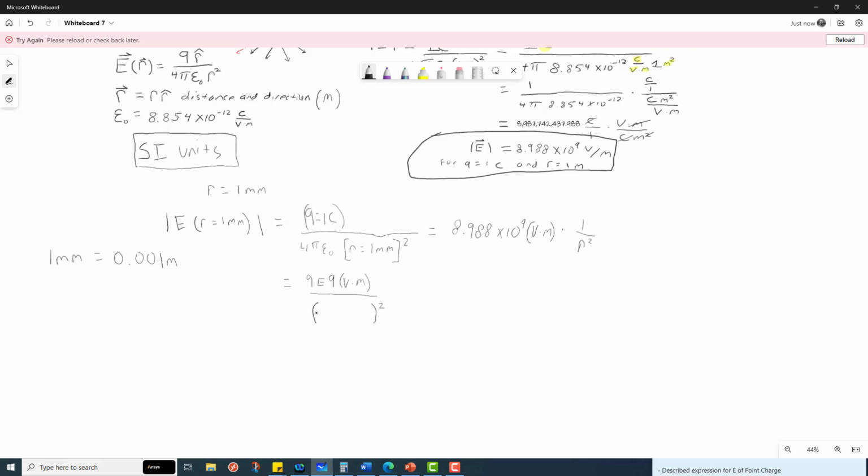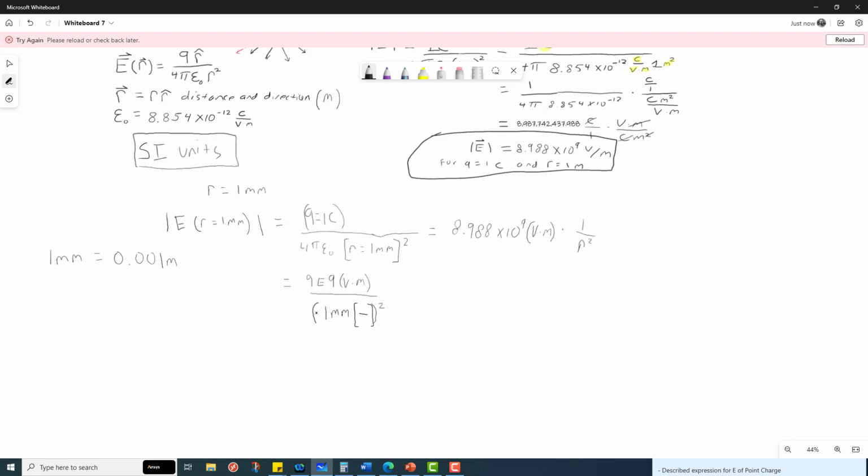If I had 1 millimeter here, and I can put a conversion factor in such that millimeters is in the denominator, then I will be able to cancel out my millimeters. So I want to take this 1-to-1 conversion and get millimeters in the denominator.